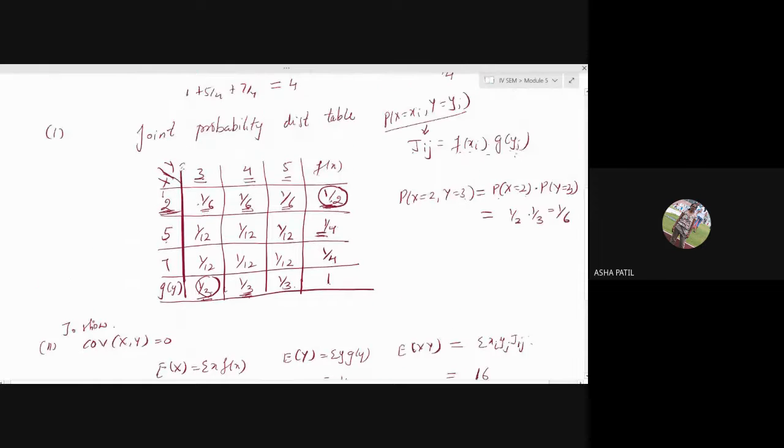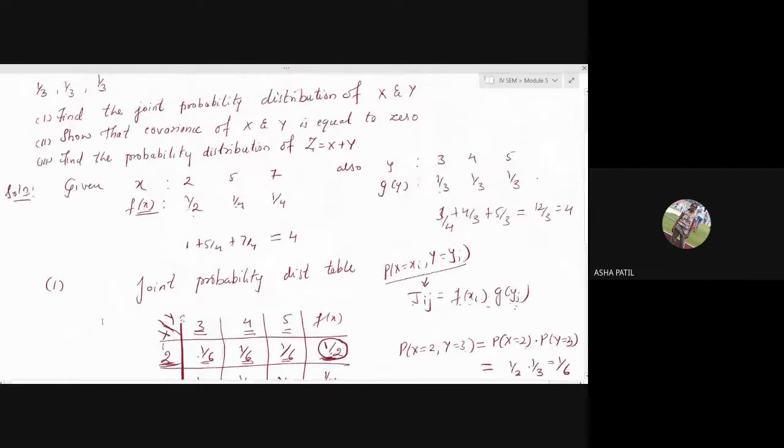What is written here? Of course, we say marginal, but this is the distribution of x. I already wrote it previously also. Distribution of x means the values of x and their corresponding probabilities. If you tabulate, then we call it the distribution of x.